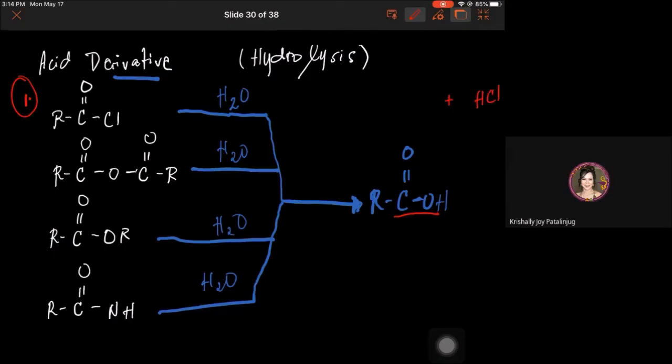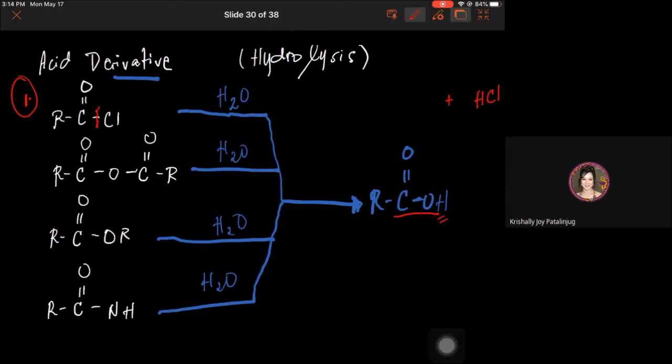Again, this only follows substitution reaction. When we say substitution reaction, the leaving group will simply be removed. Then the hydroxyl from water will replace the spot of that leaving group, producing carboxylic acid.